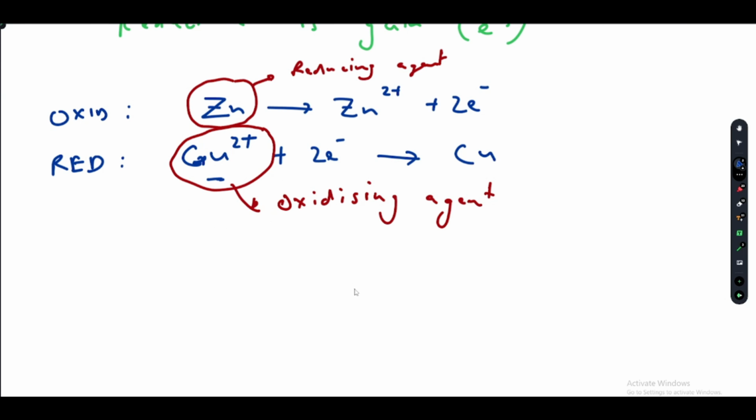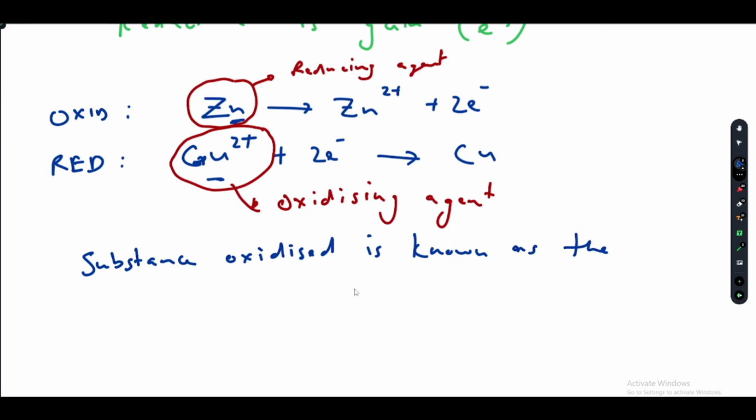Right? So we must just remember that the substance oxidized, that would be the reactant that actually loses electrons, is known as the reducing agent.